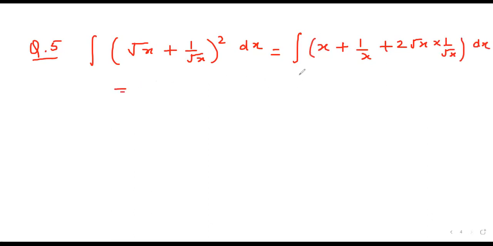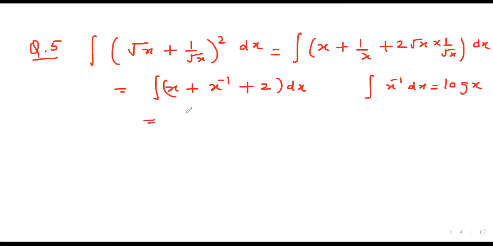So it will become x plus x power minus 1 plus 2 dx. If you remember, as I told you, integration of x power minus 1 dx is log x. And x will become x squared by 2 plus log x plus 2x plus c.